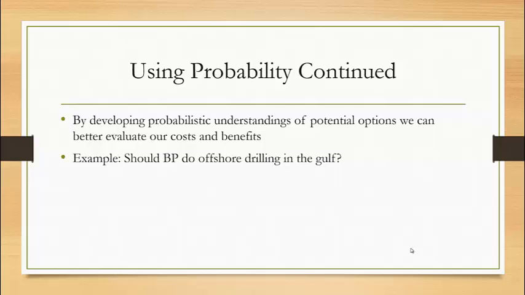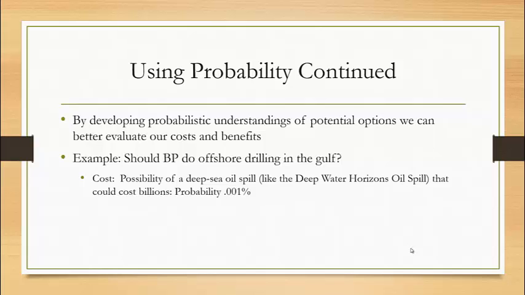So think about this in a real tangible example. So the question is, should BP do offshore drilling in the Gulf? So this is a company's policy decision. It's also the government's policy decision in terms of whether or not to grant permits to do that, and even at a bigger, larger scale, whether or not to allow offshore drilling.